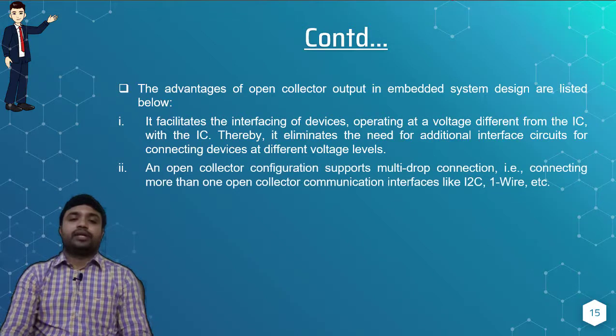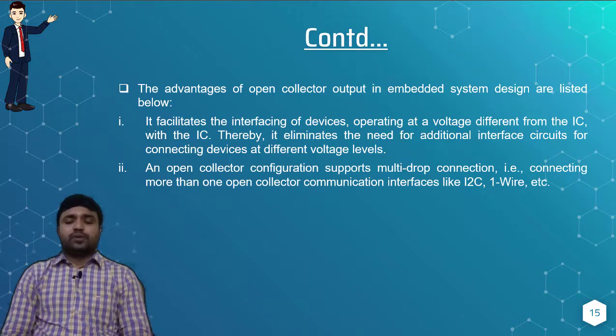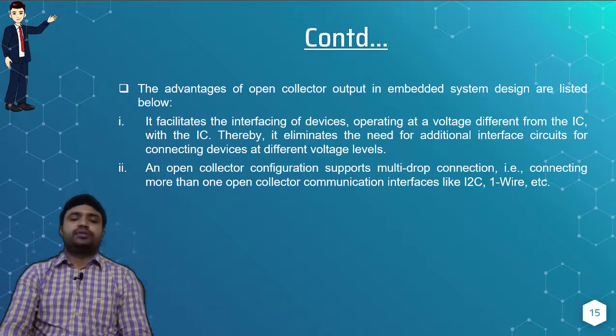Next, an open collector configuration supports multi-drop connection. That means we can drive multiple slave lines from a single master, and this can also be achieved efficiently with the open collector configuration.